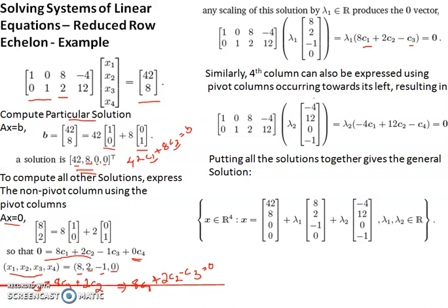Similarly, we can find the solution for the fourth column also. We have considered the third column, a non-pivot column, and for the fourth column you can similarly apply the concepts and get the solution, which is -4, 12, 0 and -1. So you get two solutions, and combining those with the particular solution generated earlier gives the final general solution.